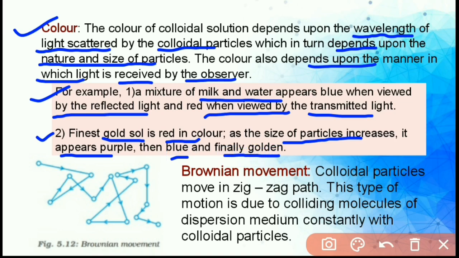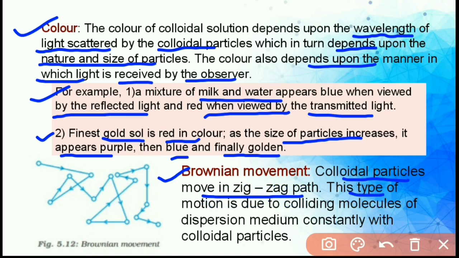So the blue color of the sky also depends on this phenomenon. Dust particles along with water suspended scatter blue light due to which the sky looks blue to us. Next property is Brownian movement. Colloidal particles move in a zigzag path.